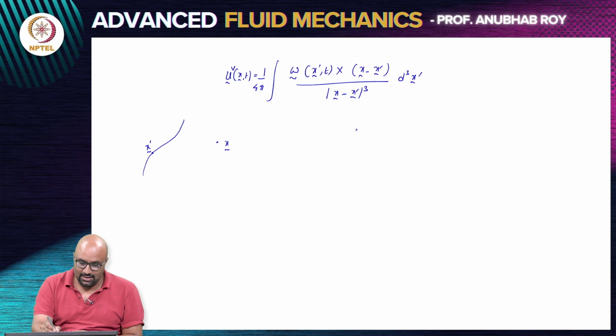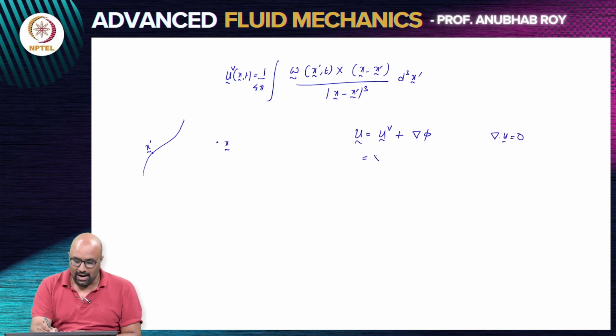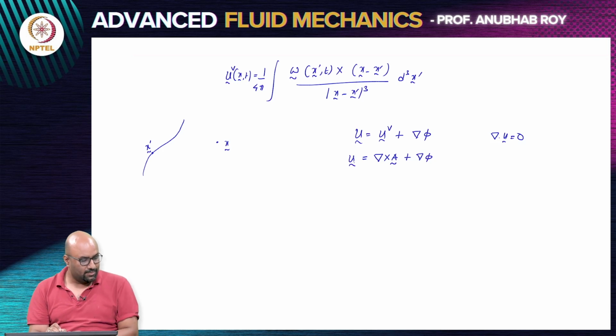The way to get this is, we said u was u_v plus gradient phi, and this is divergence free. This object is divergence free, del dot u is equal to 0. So, what I can do is write this as curl of a vector potential plus gradient of a scalar potential.